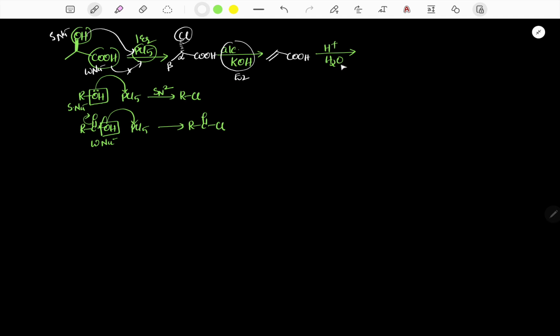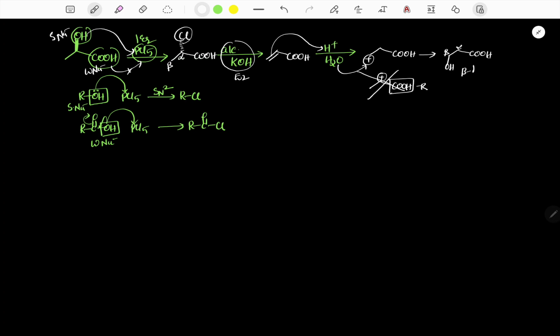Now it is treated with H plus, H2O. The alkene reacts with H plus and forms a stable C plus. Of course, we expect the C plus on the other carbon also, but here the minus R group is present. Therefore, it does not form at all. It is a stable carbocation. Now it reacts with H2O and finally gives the corresponding alcohol part, alpha, beta.